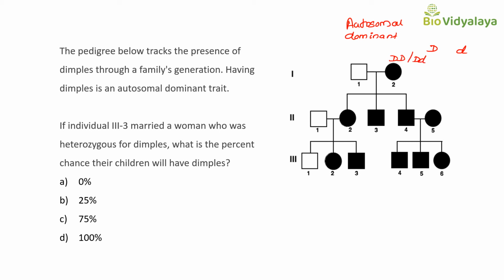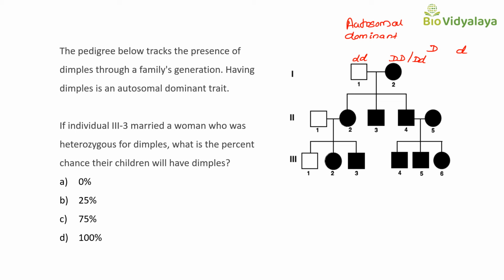And these unshaded ones are normal ones. They are not affected, they have no dimples. We can represent the genotype as homozygous recessive, small d, small d. These homozygous recessive individuals have no dimples.